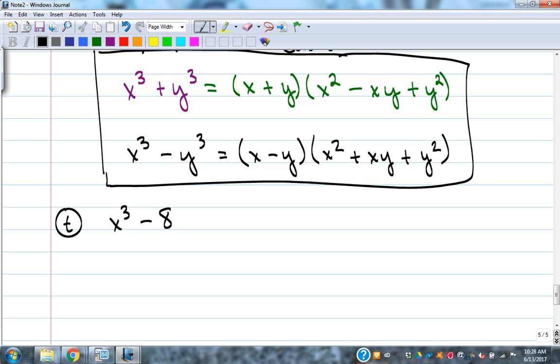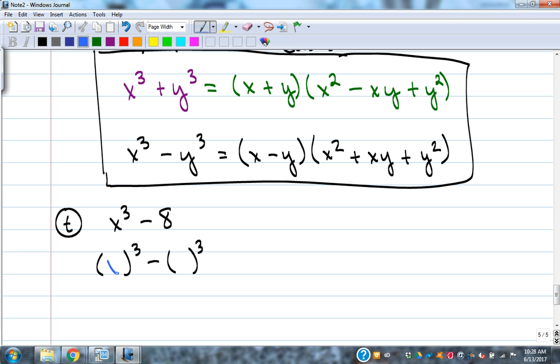The next thing we look at is how many terms. It's got 2 terms, so that should immediately point us to a sum or difference of cubes or a difference of squares. We know this should be a difference of cubes because it's got x to the third power. That's the clue. So I need to rewrite this as something cubed minus something cubed.